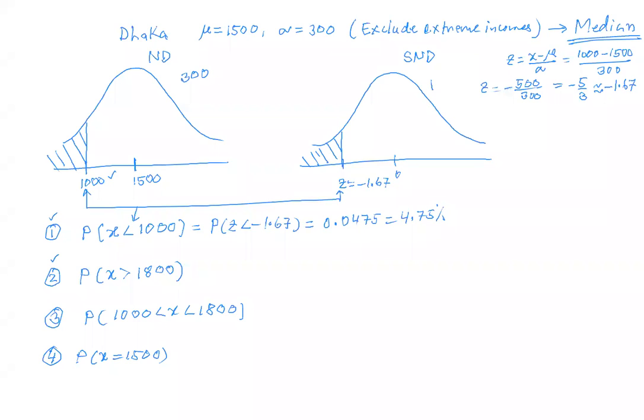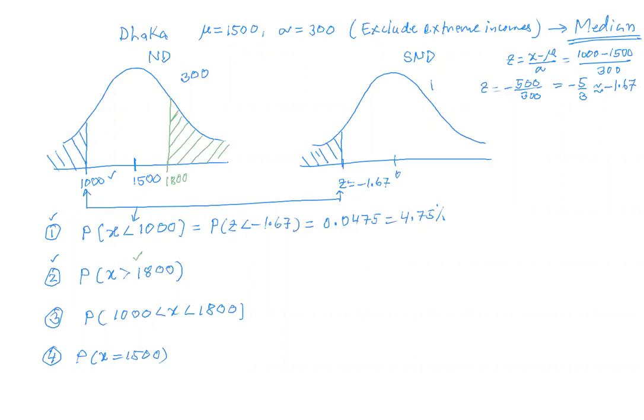Now we do the same thing for the other side, okay? So probability that someone makes more than $1,800. So 1,800 would be somewhere here, right? More than 1,800 means we are talking about the area to the right.